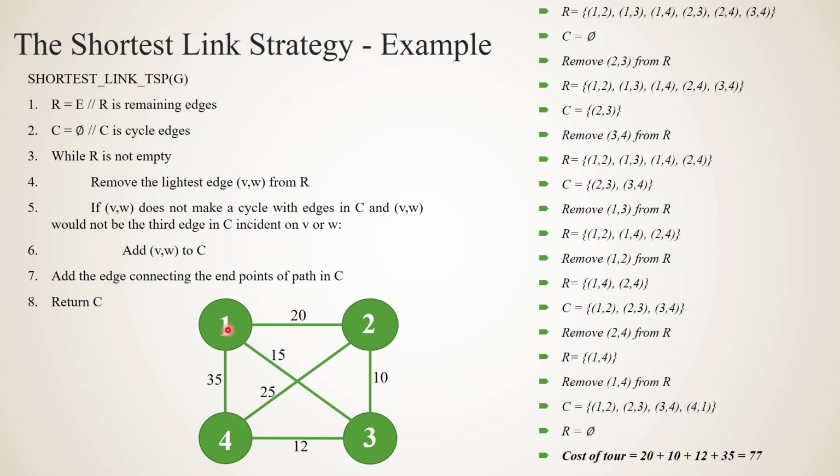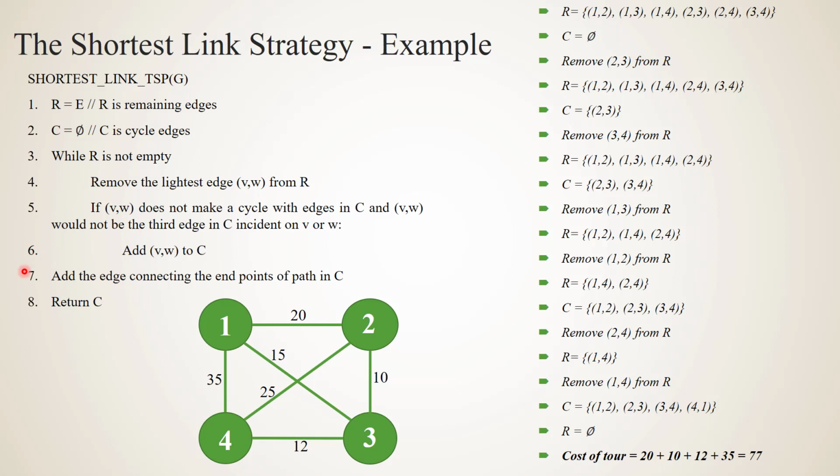(1,4) is the next lightest edge and the only remaining edge. Based on this condition, line 5, if I try to add (1,4), it will make a cycle. So I will not add (1,4) to C based on step 6.